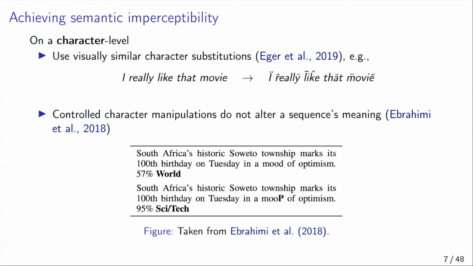In this paper you can see another example of a news classification model where we have an input sequence that is classified as the topic world with 57% confidence. And a single character change, in this case the word mood has been perturbed to the word moop, flips the prediction label from world to science and tech with 95% confidence. And even that individual change doesn't really affect our ability to understand what the sequence is about.